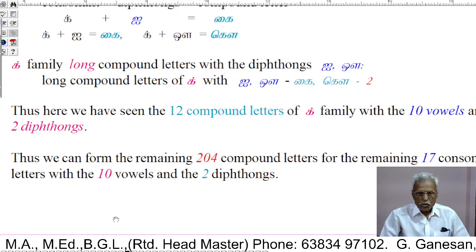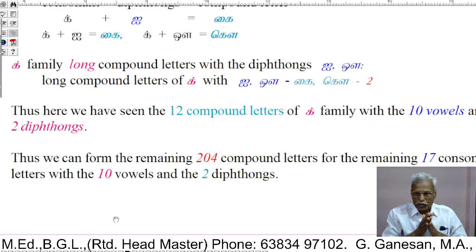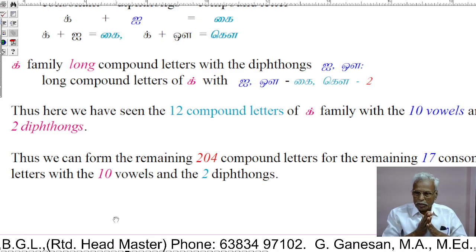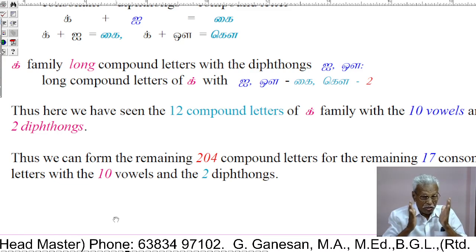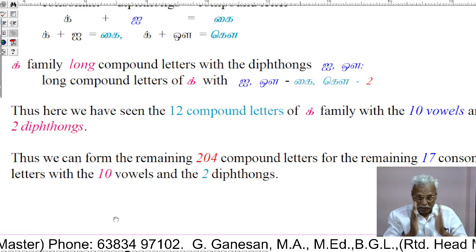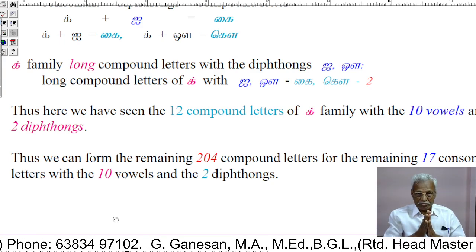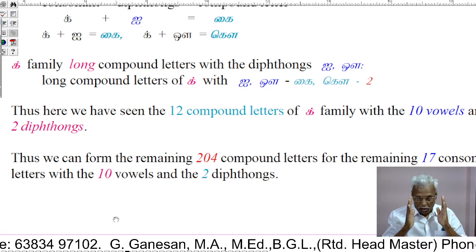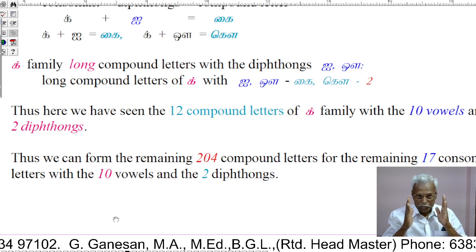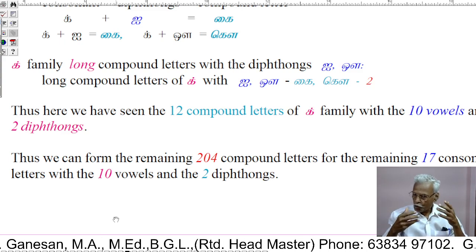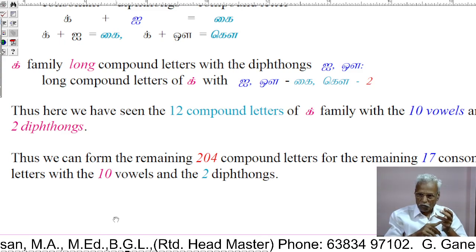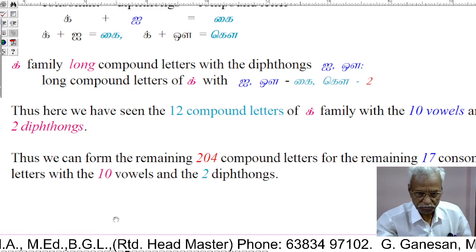Thus, here we have seen the 12 compound letters of the ik family with the 10 vowels and 2 diphthongs. That is, the 12 compound phonemes of the consonant ik with the 10 vowels and the 2 diphthongs.